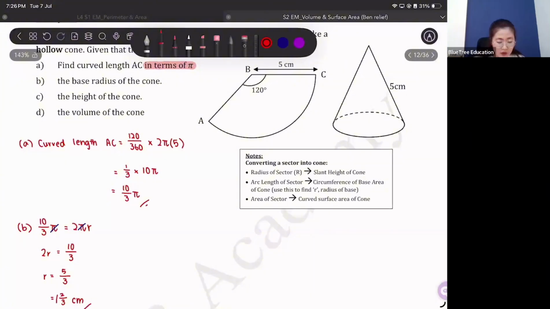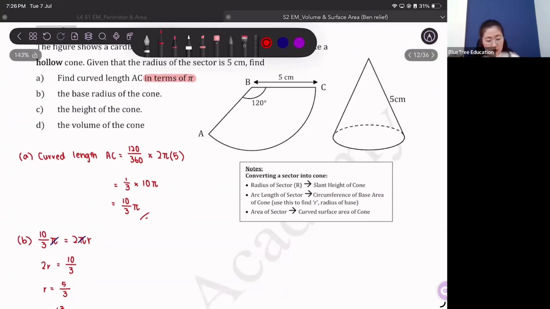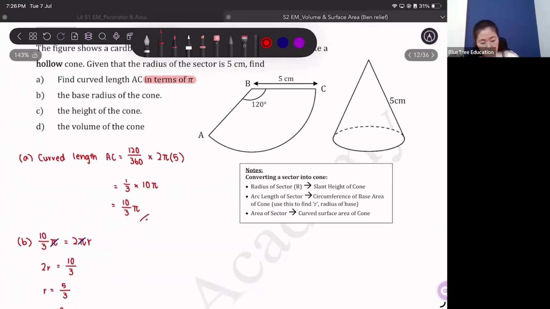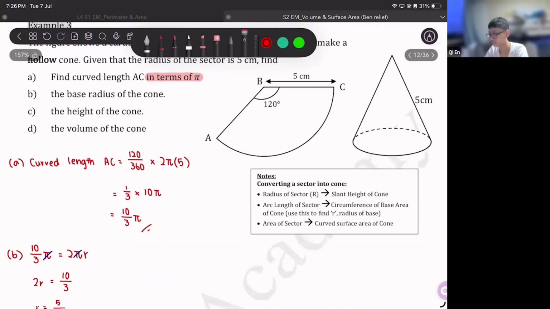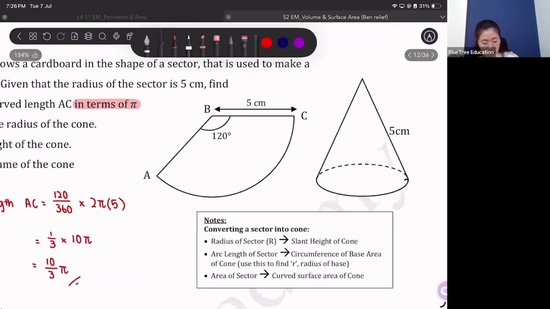Then we talk about the height of the cone. In order for us to find the height, we will use Pythagoras. So same situation, we have this cone. I beg your pardon for my drawing, just trying my best.